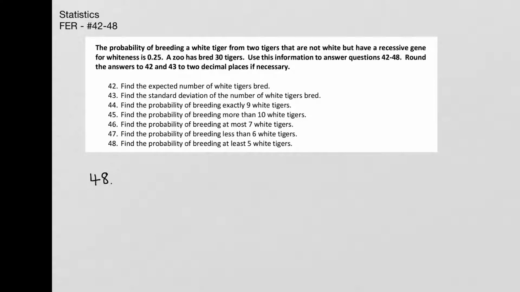And finally, in 48, we want the probability of breeding at least 5 white tigers. So we want the probability that x is greater than or equal to 5, which is the same thing as saying 1 minus the probability that x is less than or equal to 4. So we want our upper limit to be 4 here.